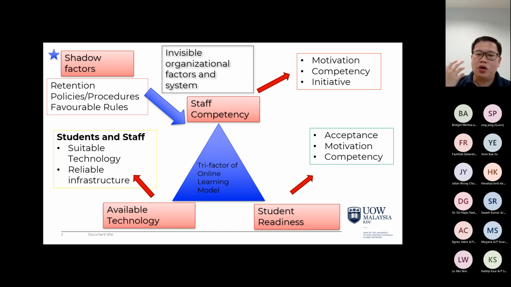Because the thing about online learning is it is an experience. If the technology is not there, the whole experience will be impacted. It is like for those of us who use Astro, when it rains heavily, what happens? It jitters. Today it's a little bit different, your Astro box will link directly to your internet and it will run. But every time it rains, that's it.